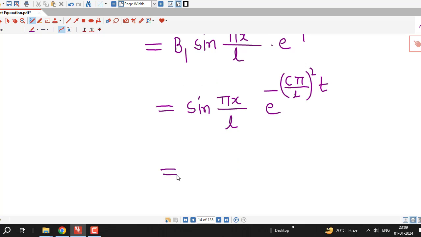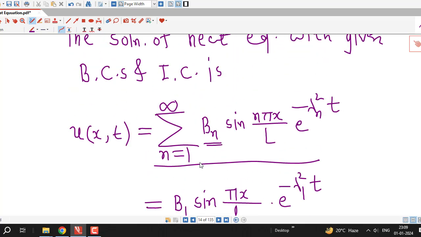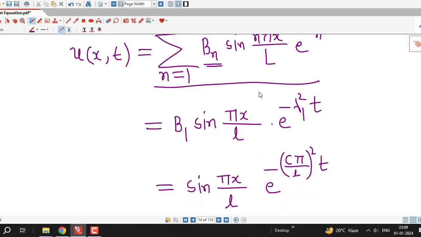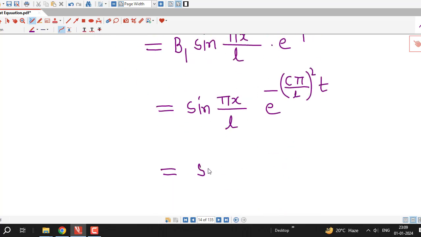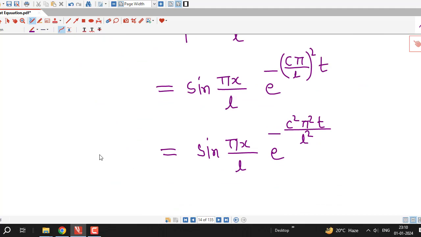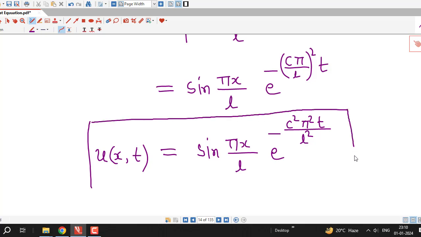So this is sine pi x divided by L e to the power minus c square pi square t divided by L square. This is the solution of the given heat equation which satisfies the given boundary as well as initial condition.